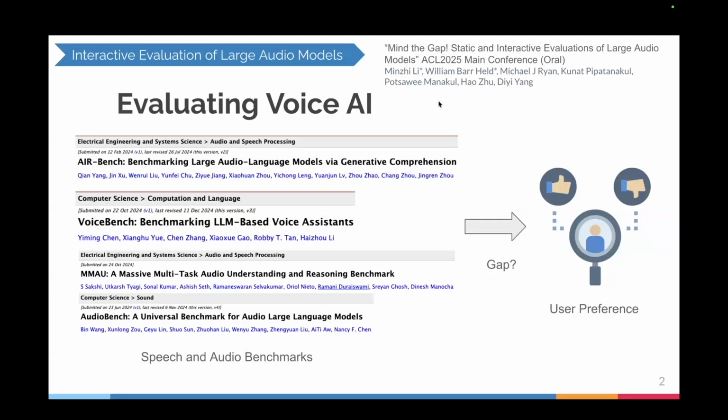With the insights about the need for more interactivity and consideration of non-text modalities, we explore the interactive evaluation of large audio models. Compared to text, speech allows faster and more efficient interactions. Because of this, speech interaction represents a natural step towards a more seamless and human-like interactive experience.